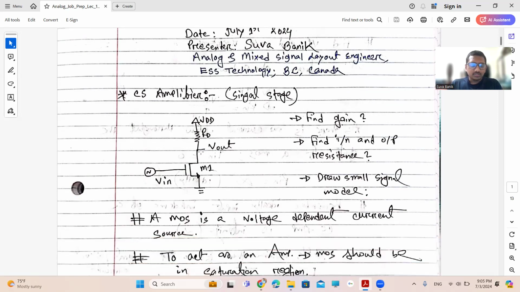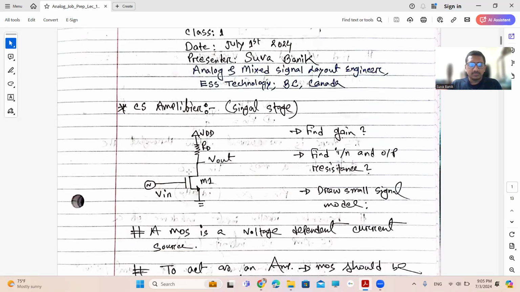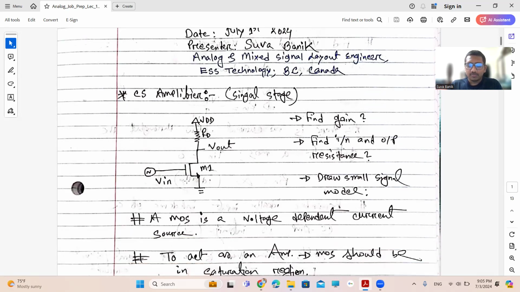So this is the basic circuit diagram of a common source amplifier. Our input is applied at the gate and the drain is our output. One of the common questions is to find the gain, input and output resistance, and small signal model for any analog circuit.